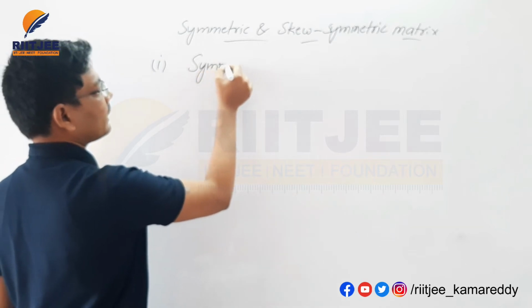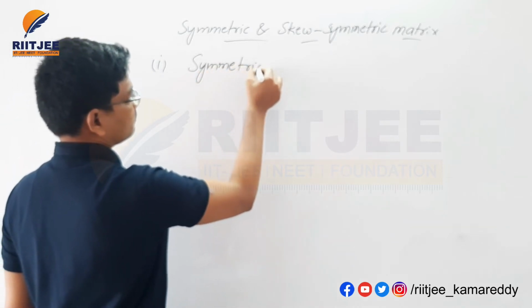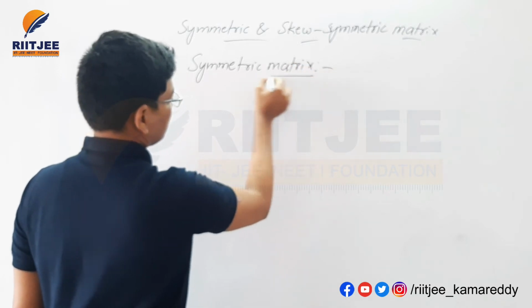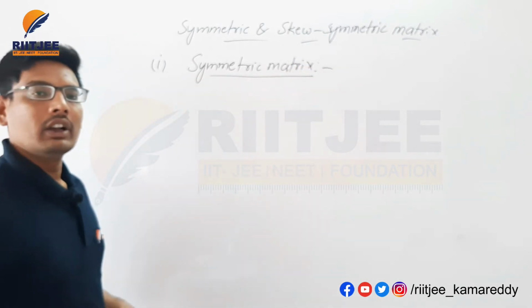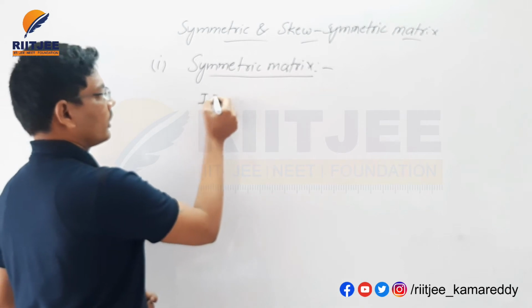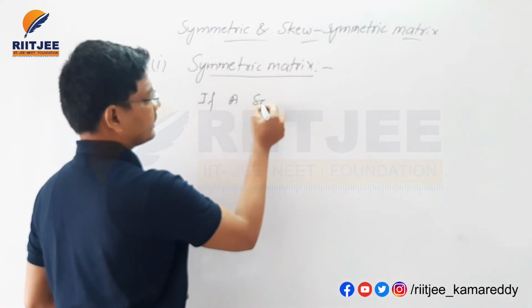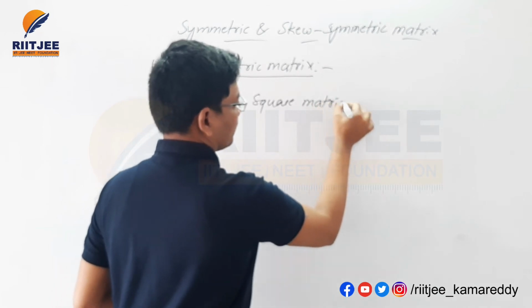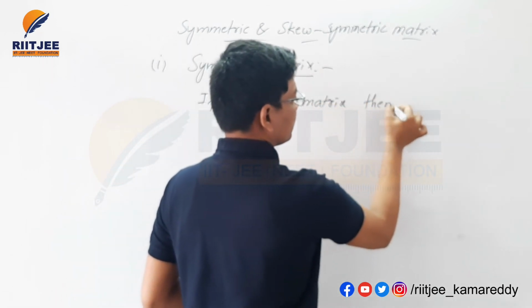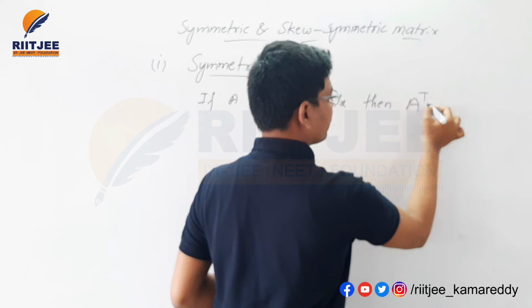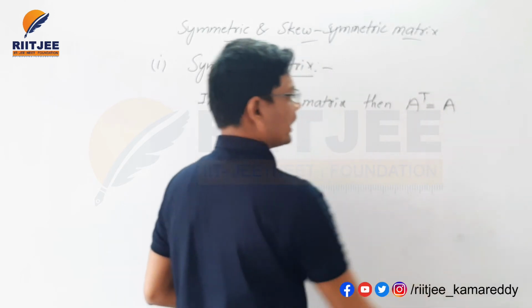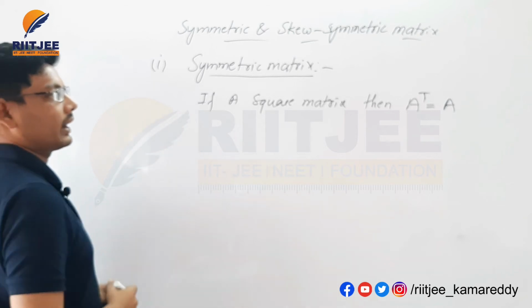What is meant by symmetric matrix? If A is a square matrix, then A transpose equal to A is called a symmetric matrix.